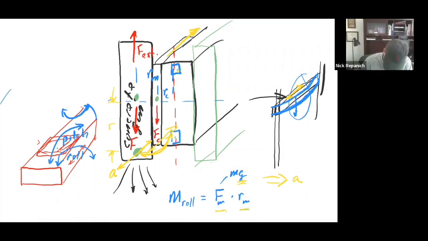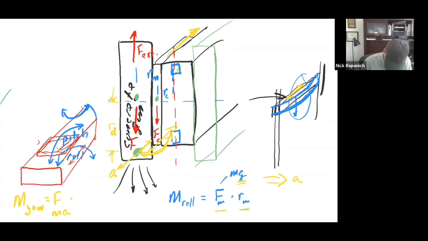So in this axis, we would say the moment due to yaw on this would be the force, the force which comes from the mass times acceleration, times, and we'll give it a label, let's give this R sub D for how far it drops.